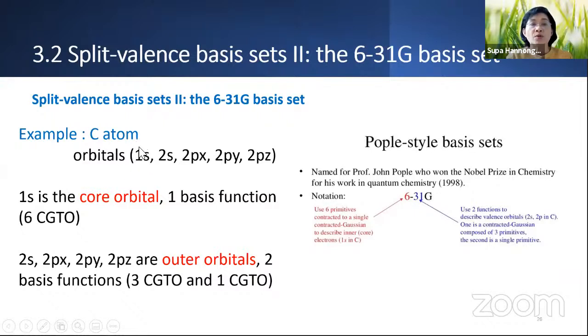So it has one basis function, and one basis function means there are 6 primitive GTOs. And 2s, 2px, 2py, and 2pz are considered to be outer orbitals. Therefore, outer orbitals will have 2 basis functions.